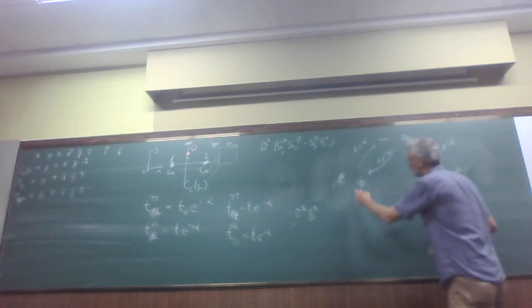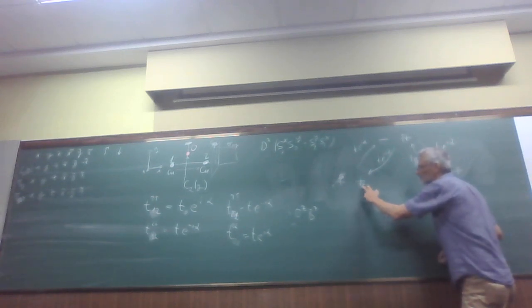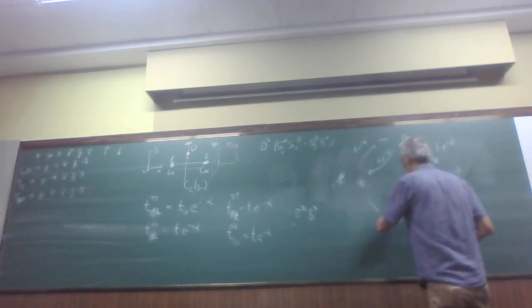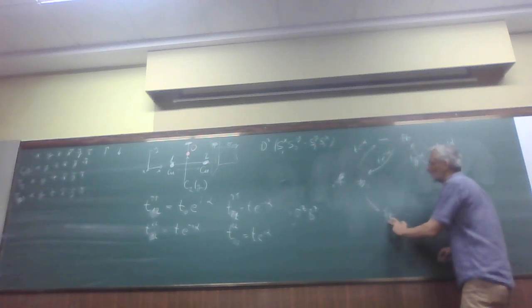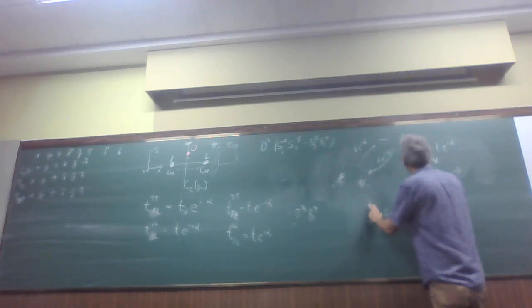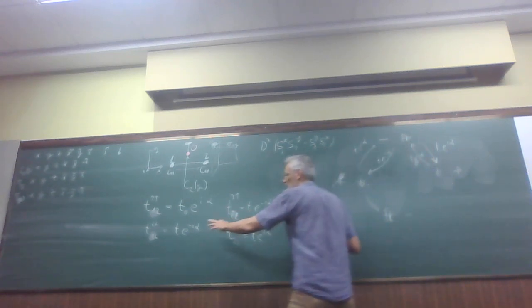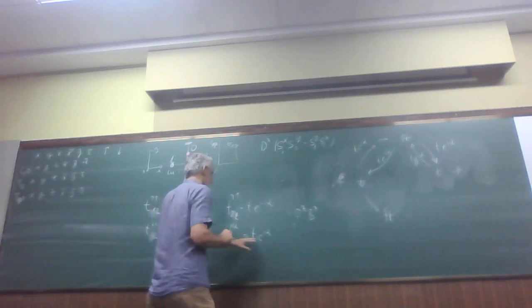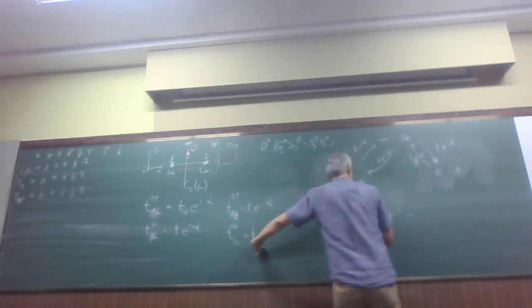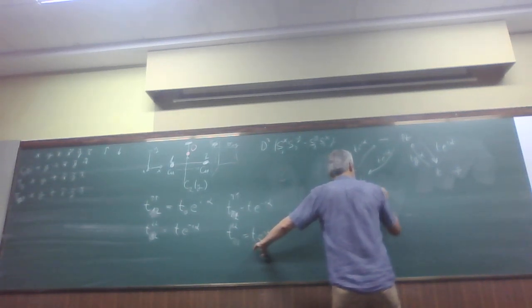Then what happens is that here it was the down spin hopping from side 2 to 1, and I think that corresponds to T times e to the i alpha.